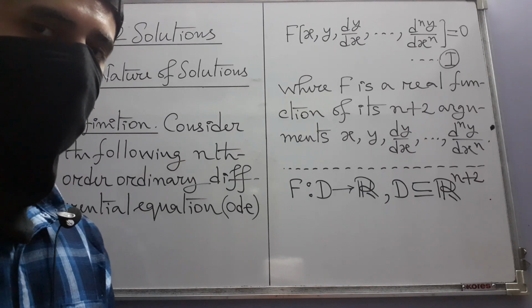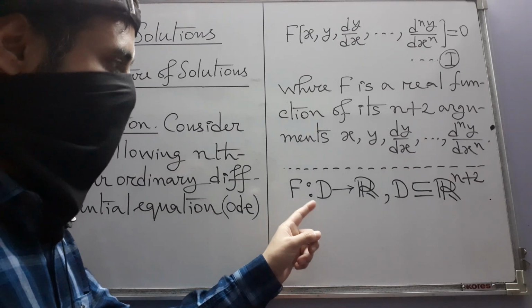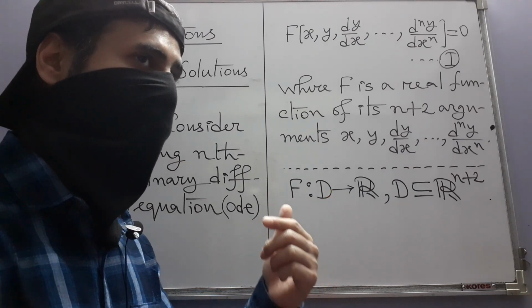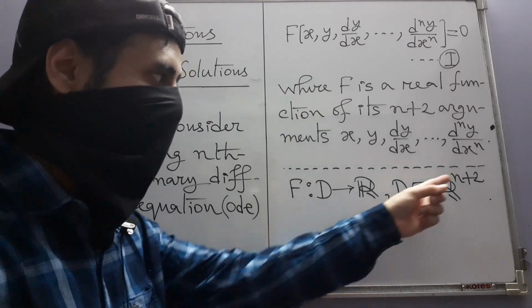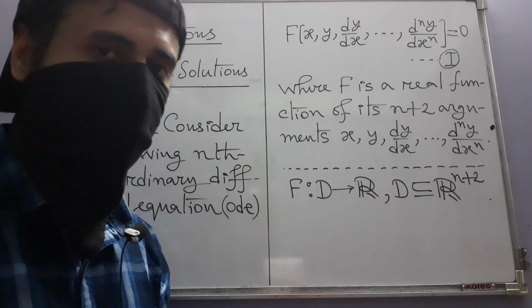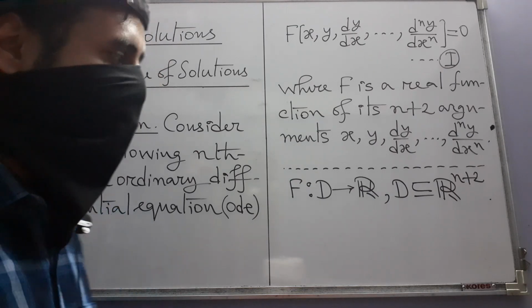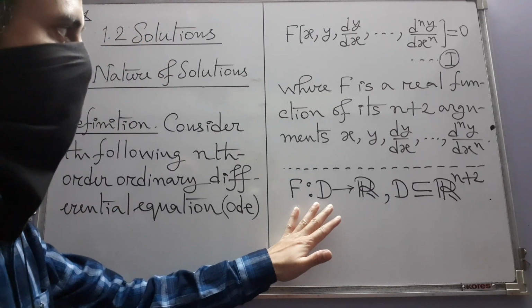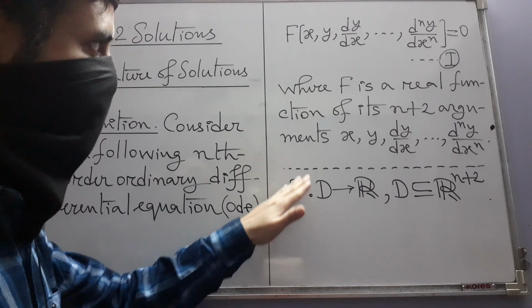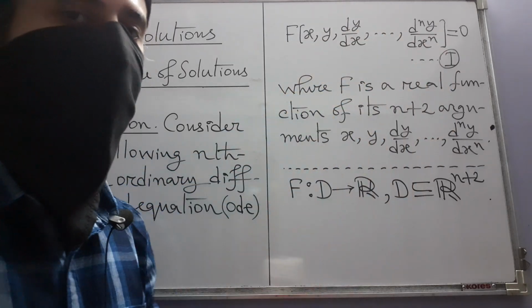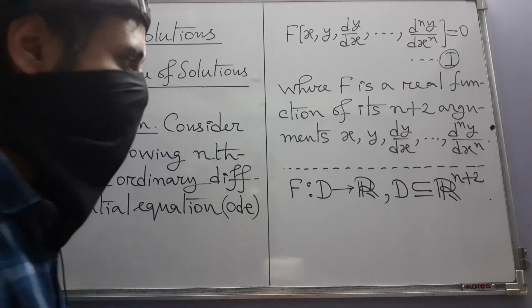To put things simply, f is a function whose input is a vector having n plus 2 real number components and output is a scalar or a real number. That's what f is. Originally, f has nothing to do with derivatives or anything. f is just a function.